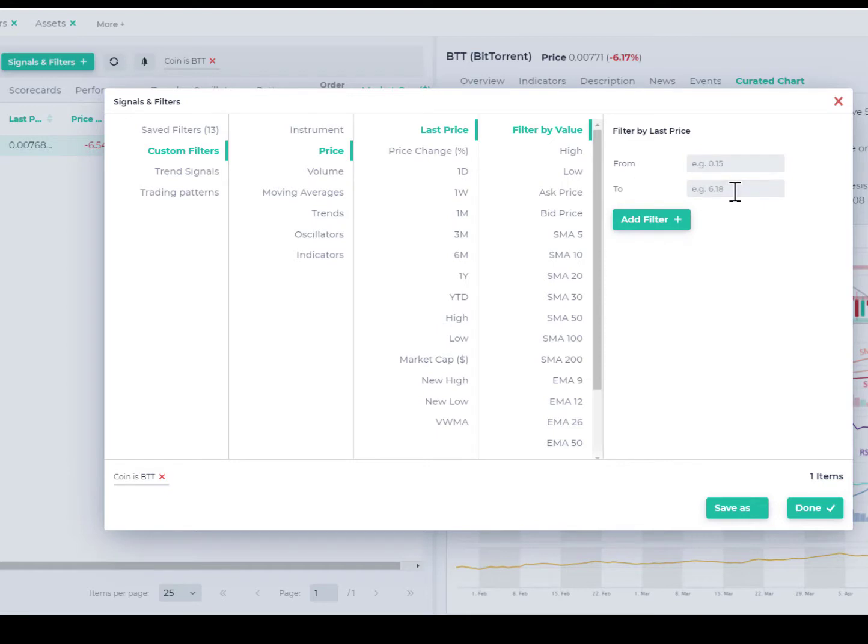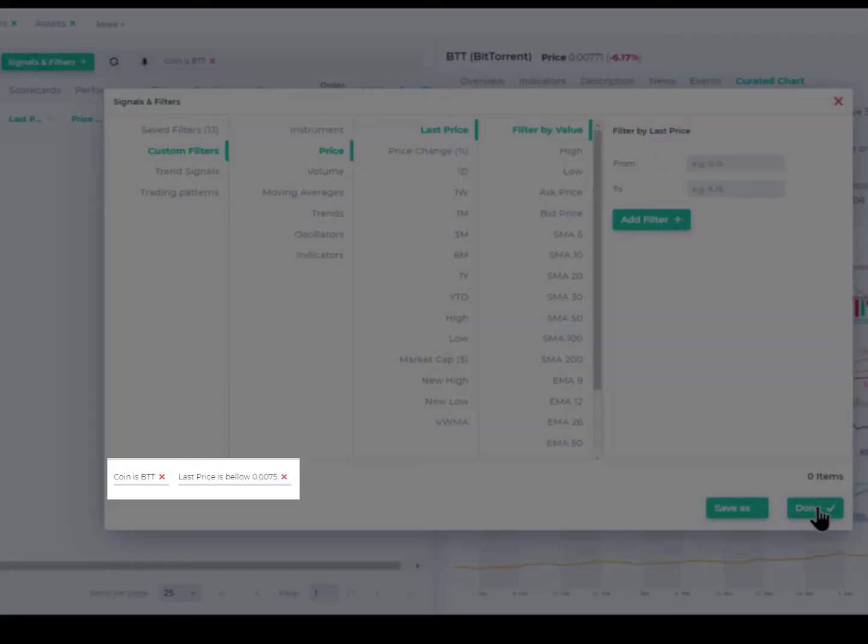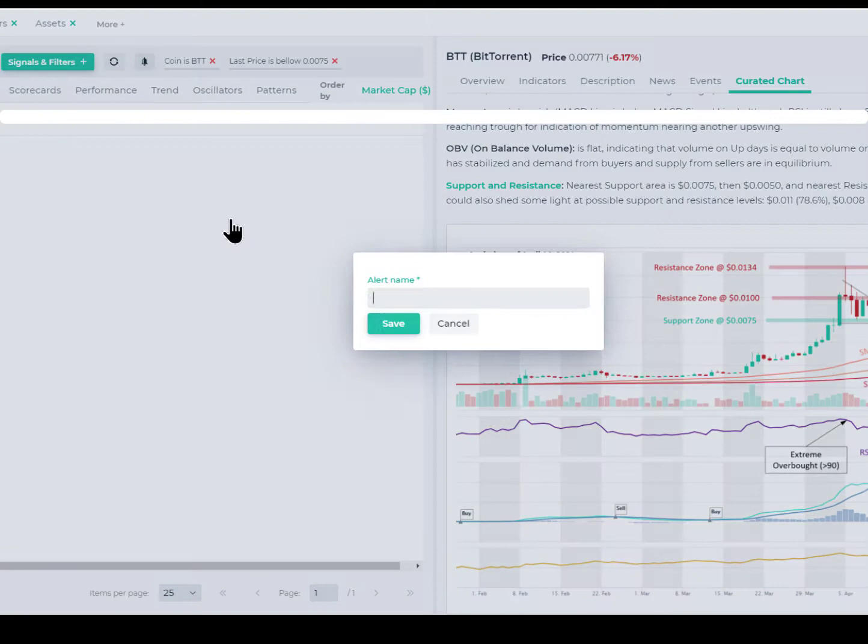So when the price dips under 0.0075, okay, done. And I set an alert that says BTT under 0.0075 support. Great. When I get an email, or I can check in the system alert notifications, I will know that this is potentially an opportune time to look at Bittorrent as a long. So I save that alert.